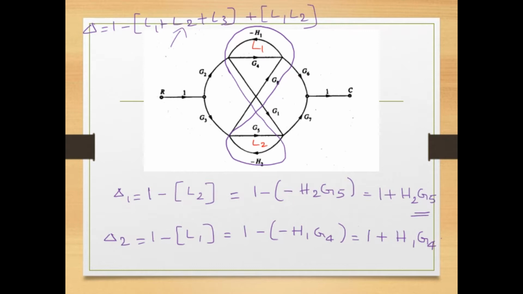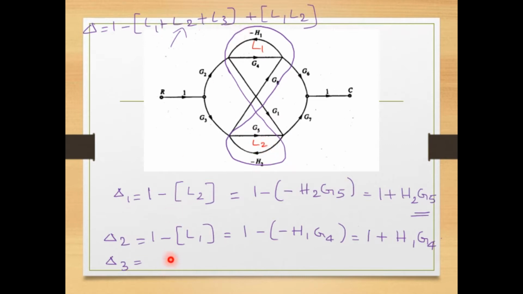Next, delta 3. Which is our third forward path? The third forward path is G2, G1, G7. Along G2, G1 and G7, all three loops are touching, so we cannot consider any loop.